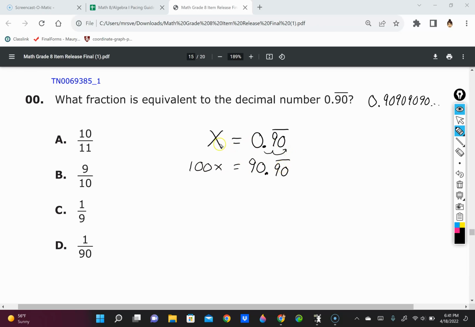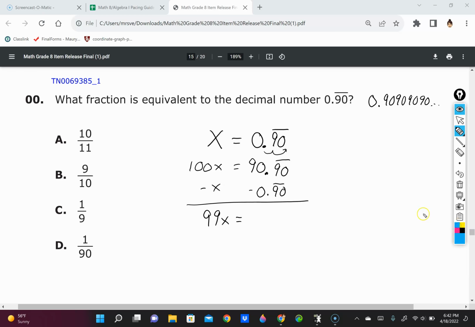Then I'm going to subtract x from both sides. Now remember, x represents this repeating 0.90. So I'm still subtracting the same amount from both sides, it just looks different. 100 x's, take away x, gives me 99 x's.